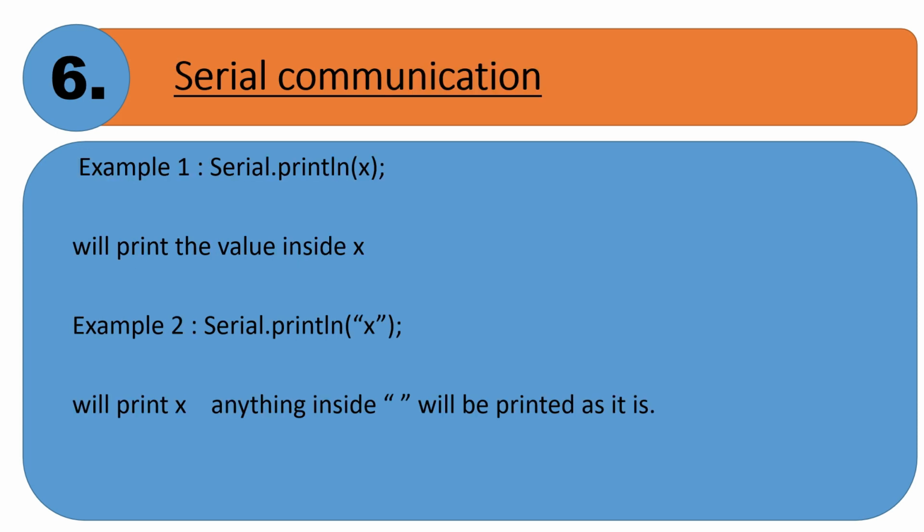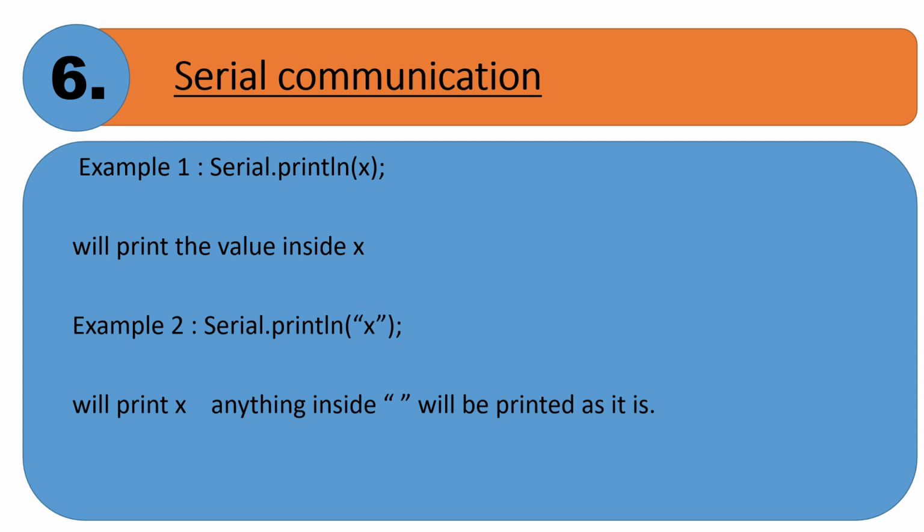We can use x. Now this is also very important: inside Serial.print or Serial.println, how do we write something inside println or print? If we write something inside double inverted commas, then it will be printed as it is. And if we write without double inverted commas inside Serial.print, then our program will treat it as a variable and print its value.